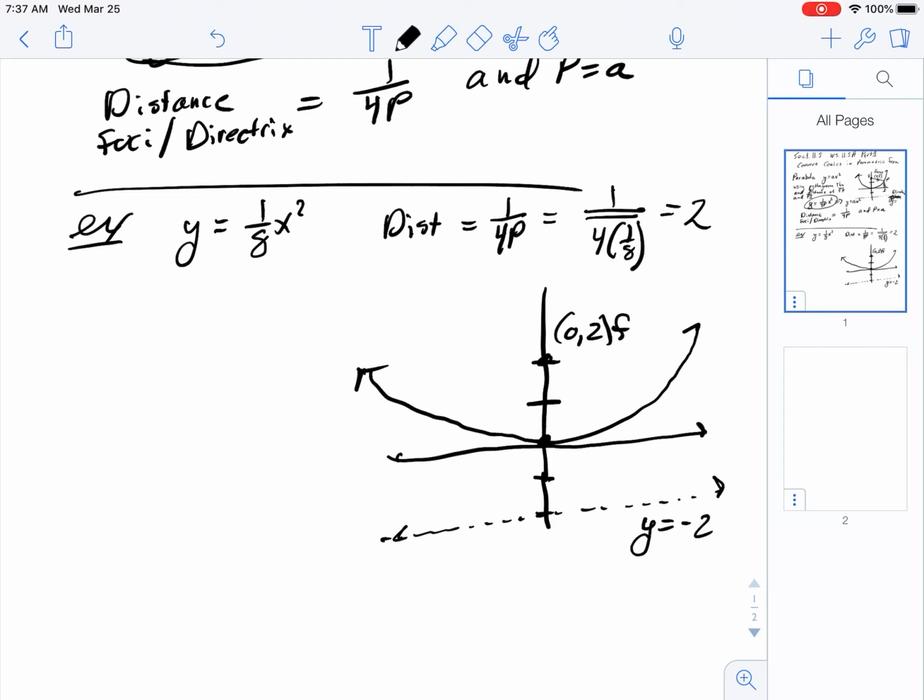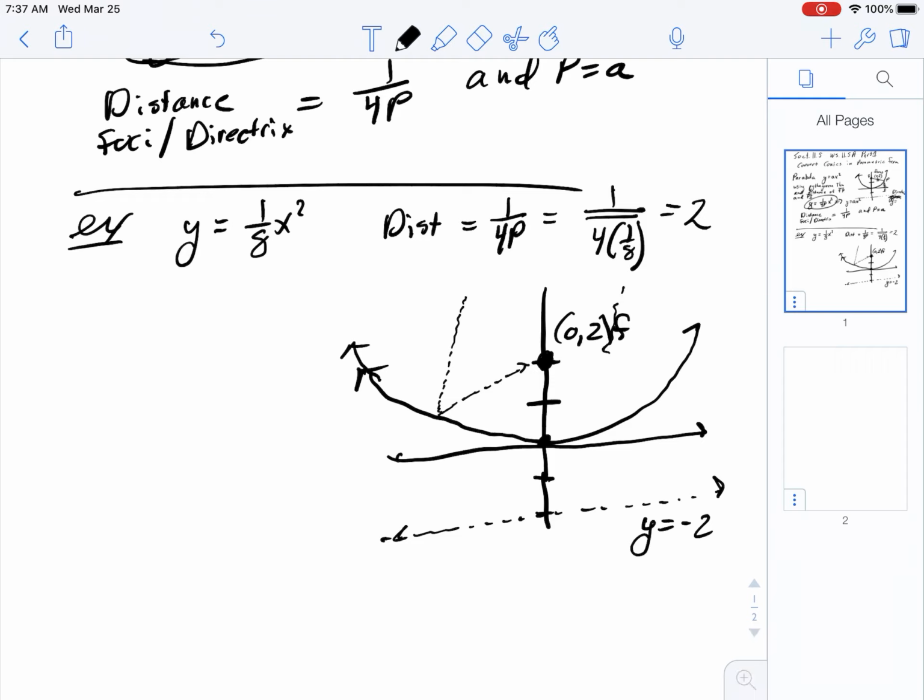Okay. Now, if you don't remember what this all entails from Algebra 2, that would mean that if anything comes down here, like say a satellite wave or something like that, and hits this, it is going to bounce off and hit directly to this center value here.